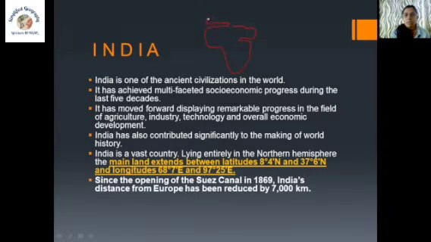So these are the European areas, this is Africa and the Arabian Peninsula, then somewhere here comes India. Clear? So this is how the map used to look in ancient times.